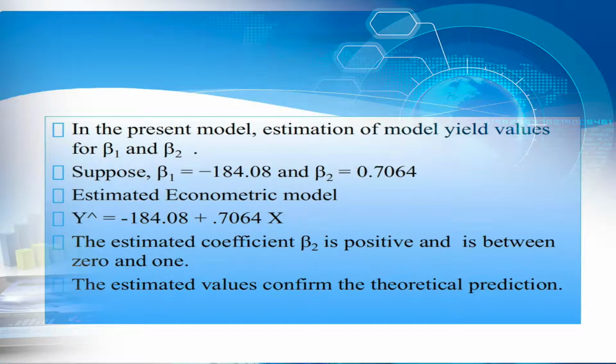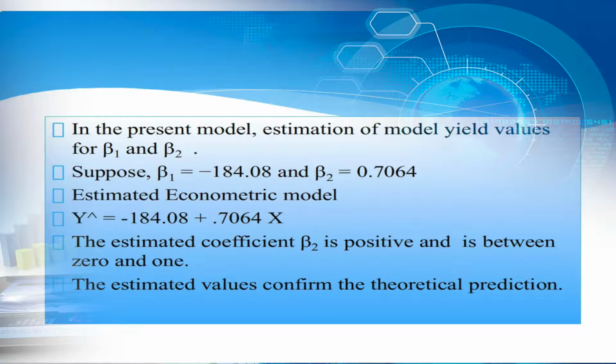Estimation of the model would yield the numerical values for beta 1 and beta 2. In this simple Keynesian model, the coefficient value of beta 1 is found to be minus 184.08 and the value for beta 2 is estimated as 0.7064.